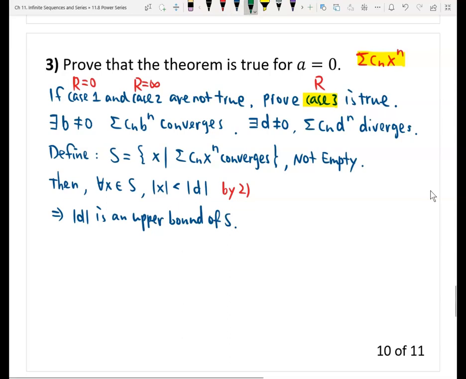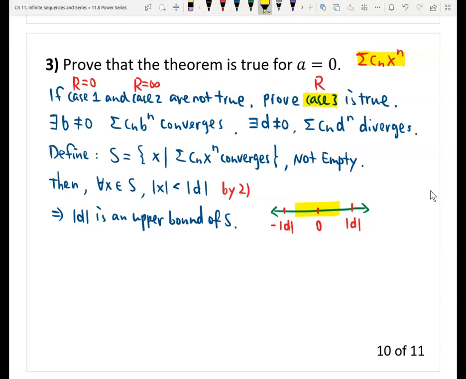If I draw a graph, now what do we have? We have these results so far. The middle center is 0, so I put 0. Now we say the absolute value of d is an upper bound, so this side is negative d. Because 0 belongs to the domain, where is the domain?